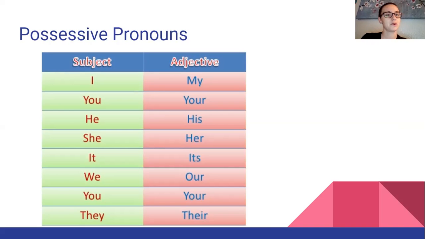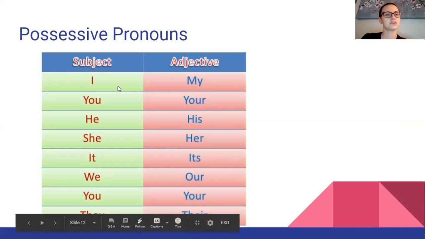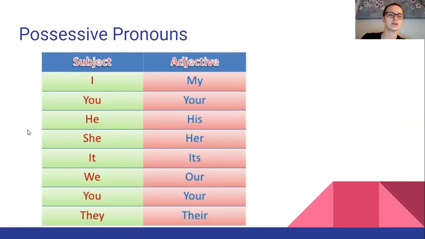So you'll see over here, these are subject pronouns. We've seen these before. So I, you, he, she. What is different about subject pronouns and possessive adjectives is that subject pronouns can be by themselves at the beginning of a sentence. For example, I have brown hair.